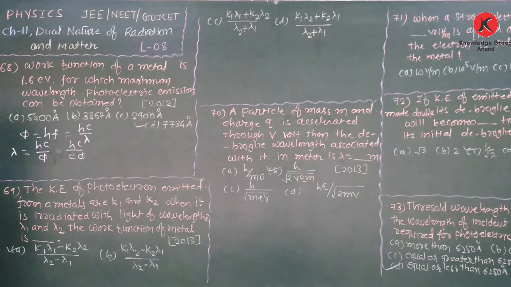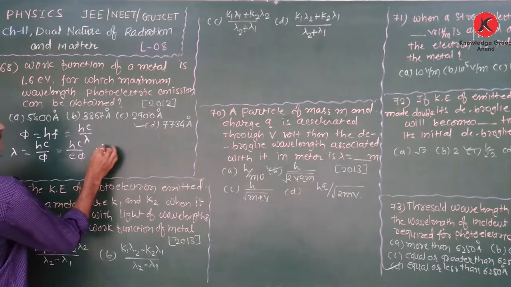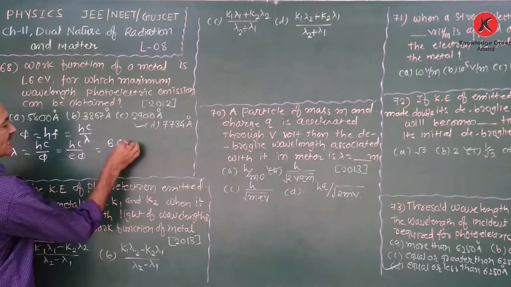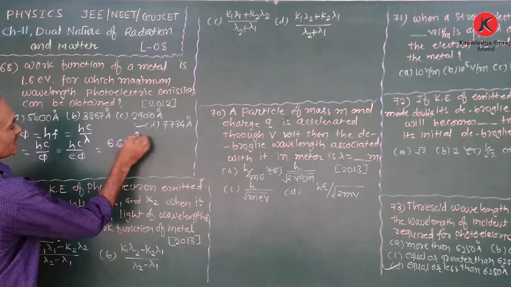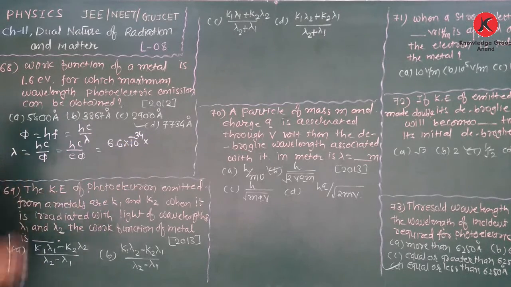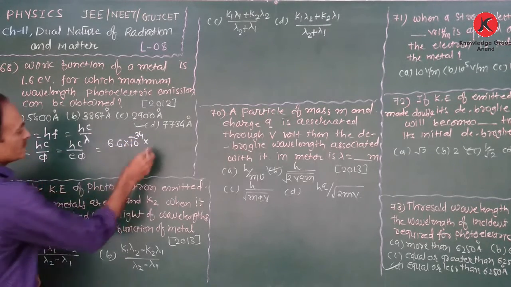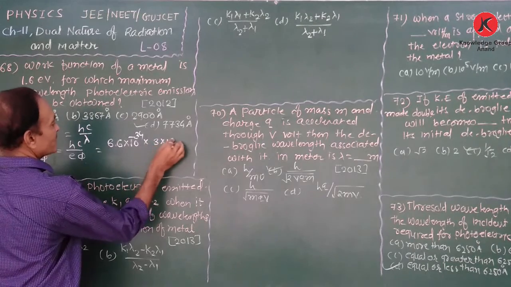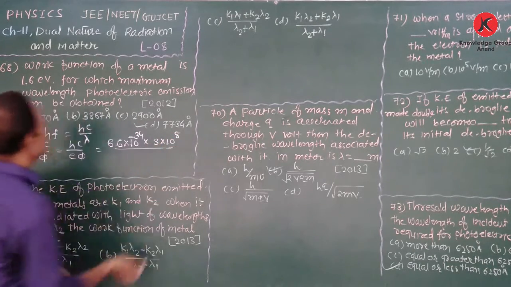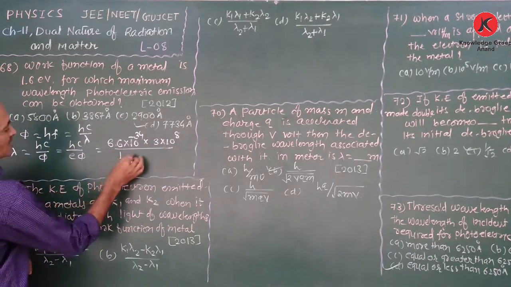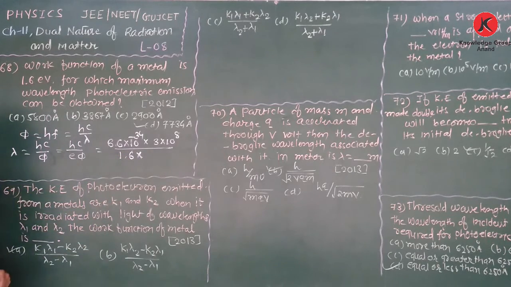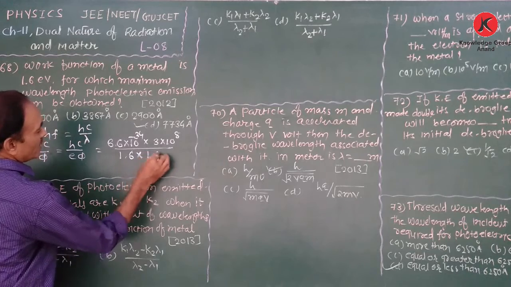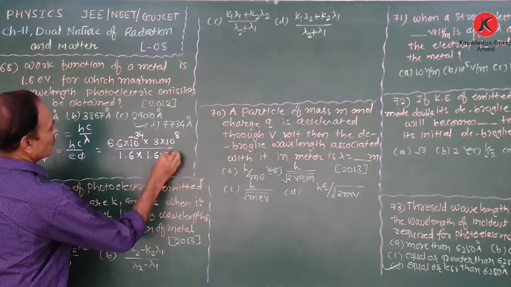Substitute the values of the constants: Planck's constant 6.6 into 10 to the power minus 34, velocity of light in vacuum 3 into 10 to the power 8, upon work function 1.6, charge of an electron 1.6 into 10 to the power minus 19.